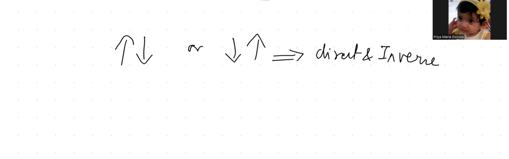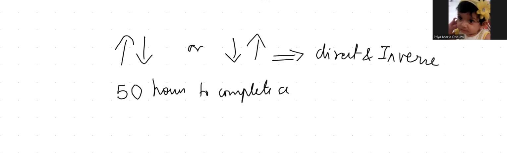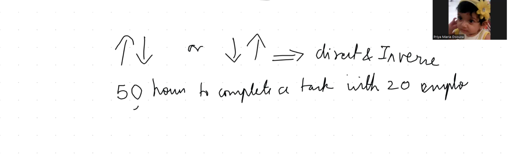It takes, let's say, 50 hours to complete a project, to complete a task, with, let's say, 20 laborers or 20 employees. I'm just giving you a number like this. So if you employ 20 people, there's some task, some project, it will take about 50 hours to complete.